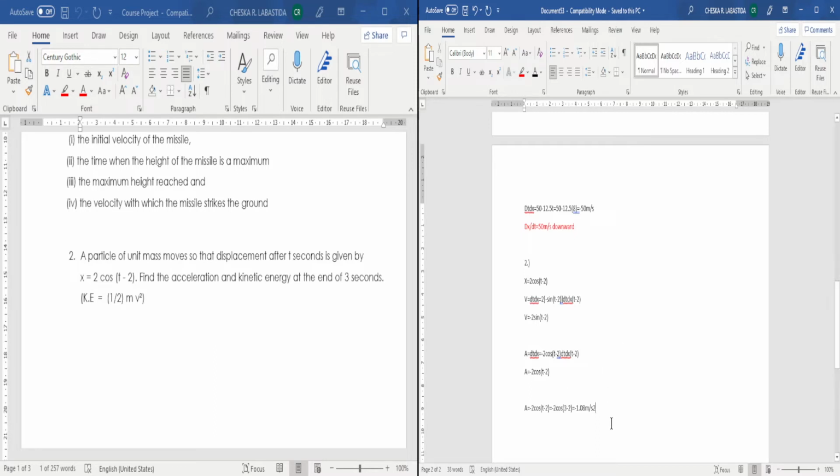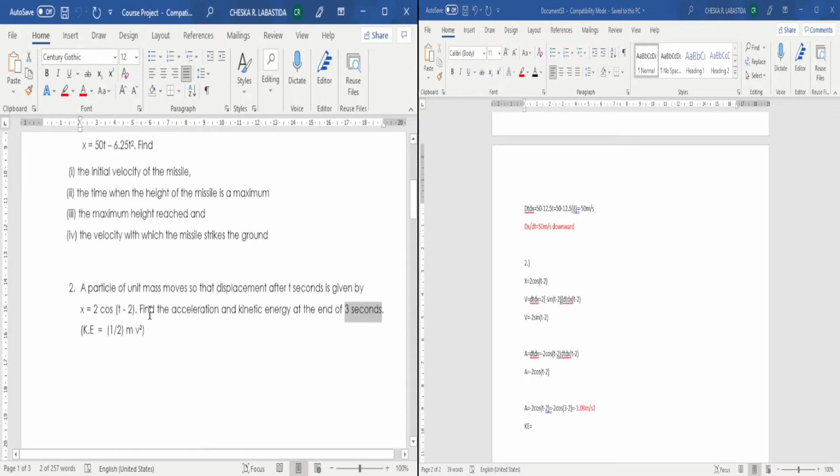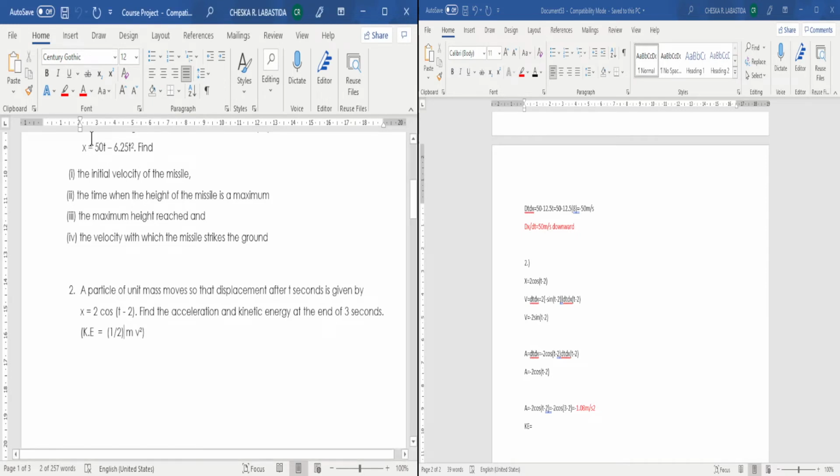So now let's go ahead and solve the kinetic energy here. I forgot this, the 3 seconds. So KE is equal to 1/2 mv squared.